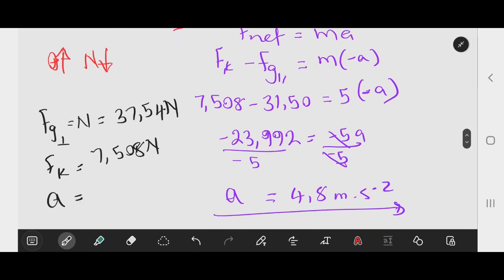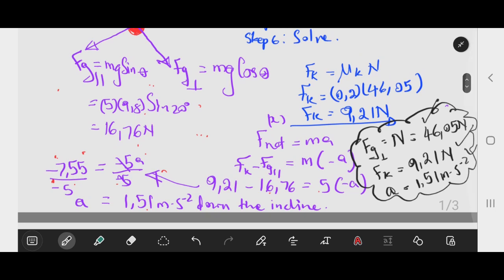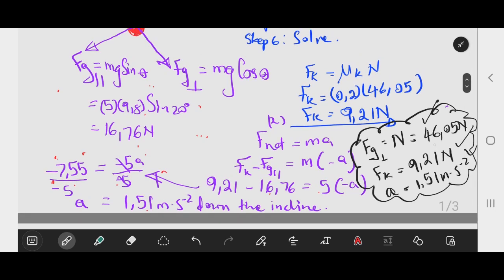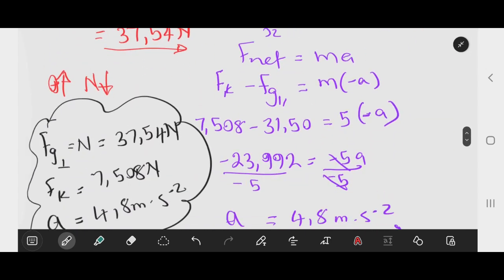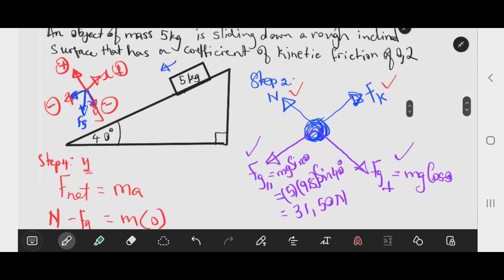And the acceleration we have obtained is 4.8 meters per second squared, okay? So let us compare the two. When the angle of inclination was 20 degrees, the normal force we got was 46.05, but when it was 40 degrees, we have 37.54. So that means increasing the angle of inclination actually decreases the normal force, right? And that applies to the friction also.